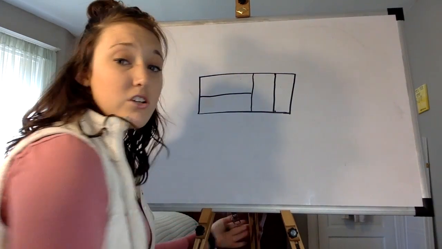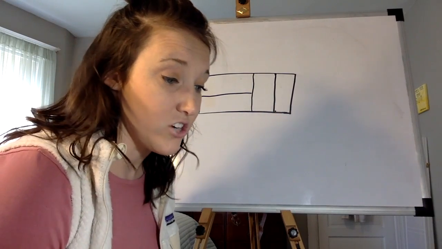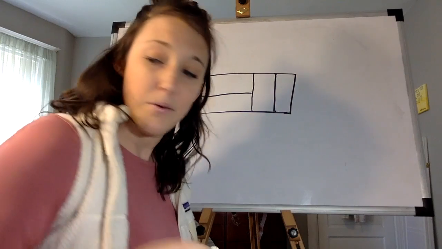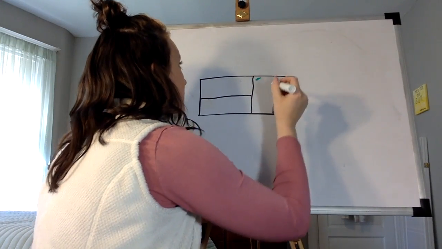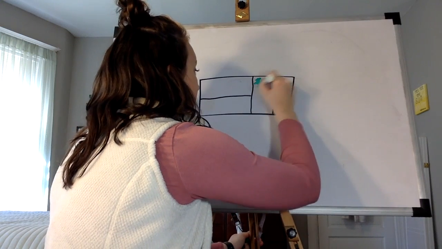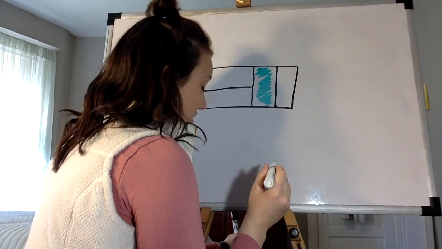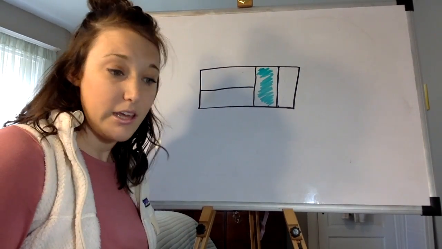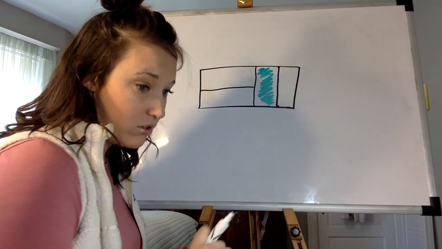Now make sure you're looking in your book when you go to do this one because my drawing is not nearly as straight as the one in the book. Okay? But then they have this piece right here colored in. Okay, so they're talking about 1 equal share shaded of the whole.